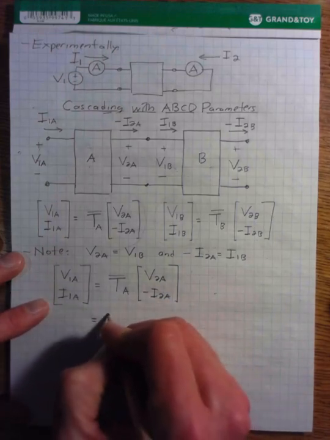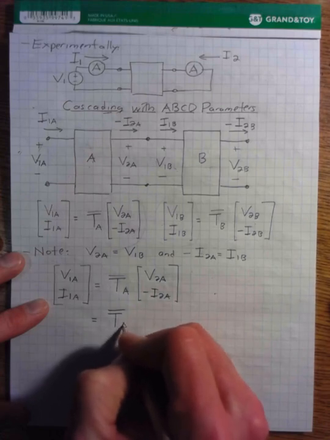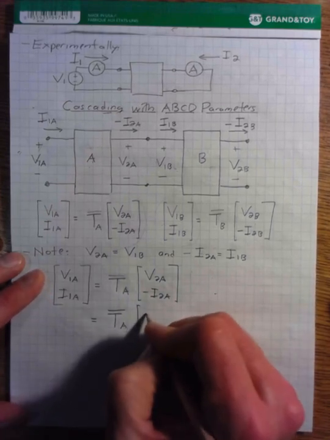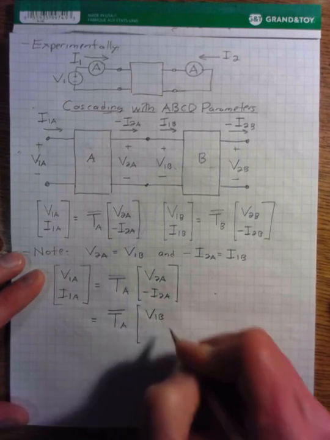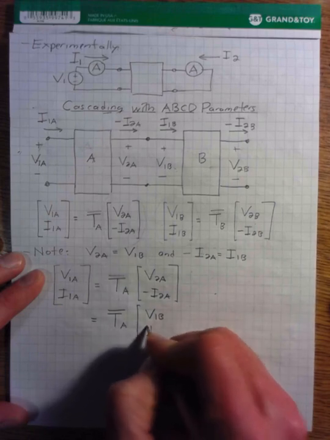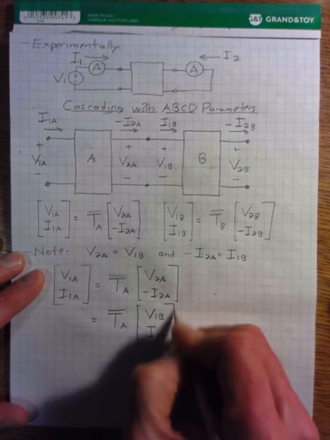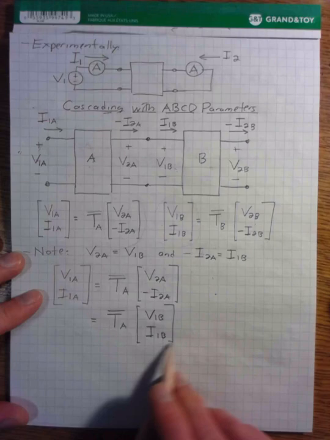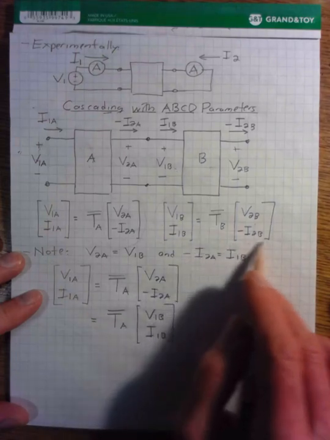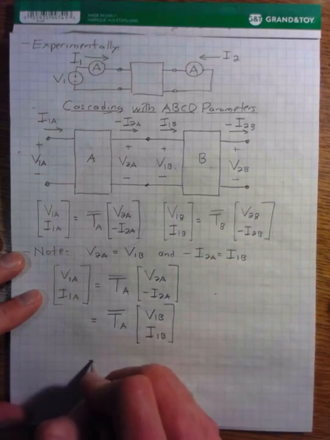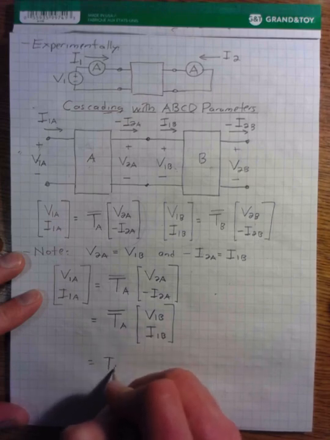So we have TA is equal to V1B times I1B. But this vector is just equal to this product, so we can write this as follows.